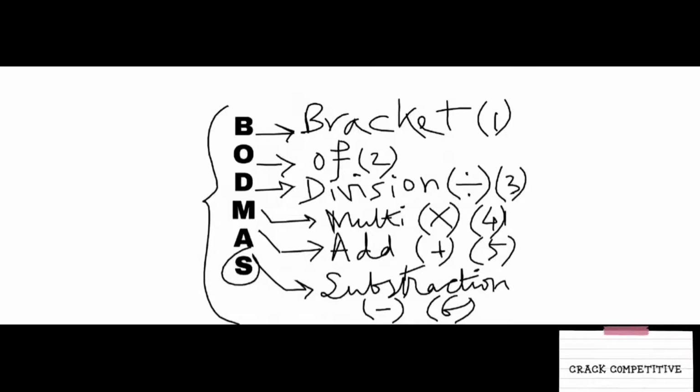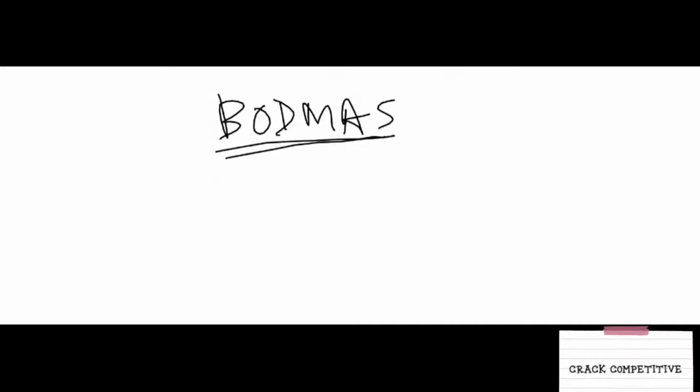Why is it required? This BODMAS rule is mainly important for simplifications, which is a common topic for PSC and police exams, and it is also very important for banking.